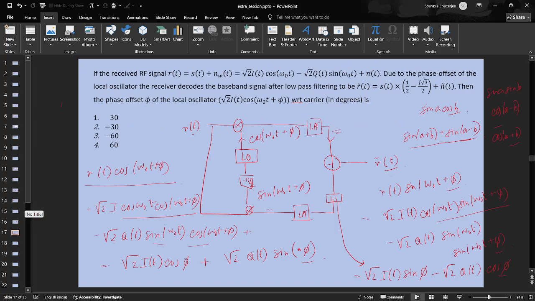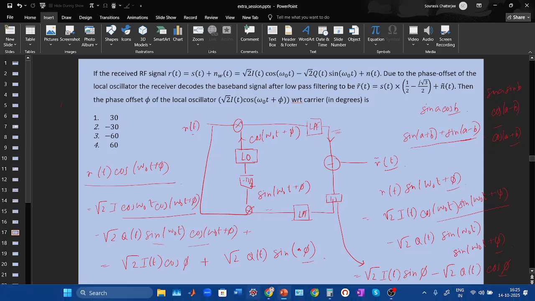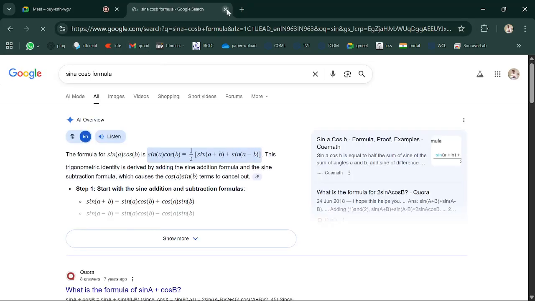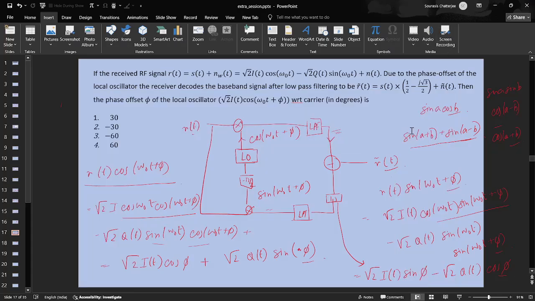I think sin a cos b, just let me check the sin a cos b thing once. It's true, only sin a plus b and sin a minus b, so in that sense it should be okay, qt sin theta only.